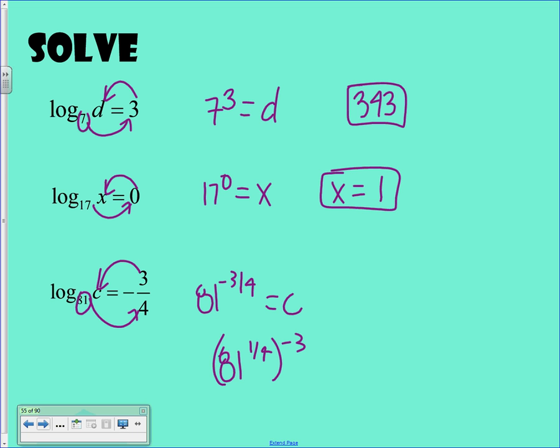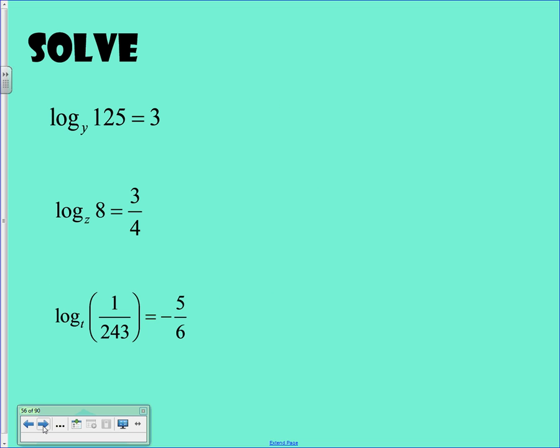So remember you do 1 over the denominator and then raise that to the numerator. I know 81 to the 1/4 is 3. So that gives me 3 to the -3rd, which is 1/27. Again, remember the negative exponent flips your answer to give you the reciprocal. That one's just a little trickier, but again, same idea, nothing you haven't seen before.